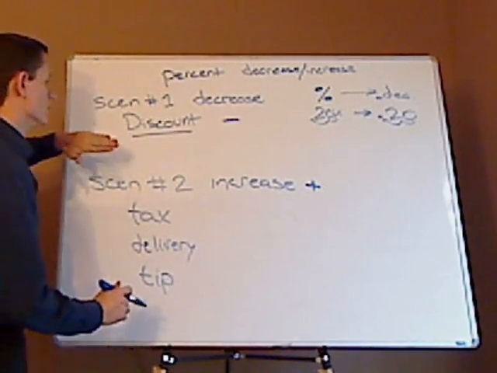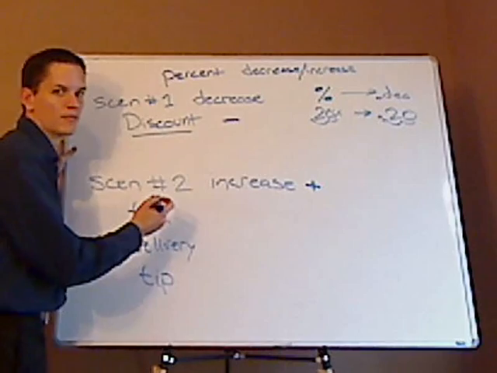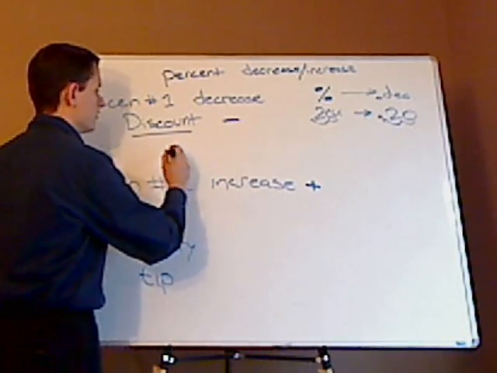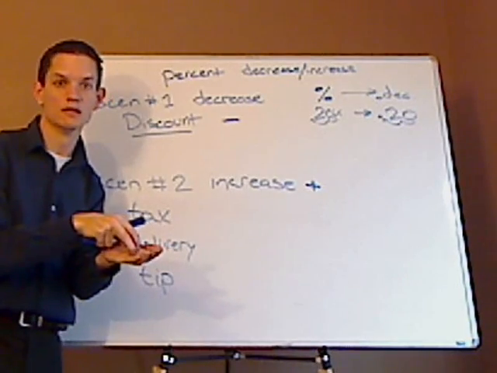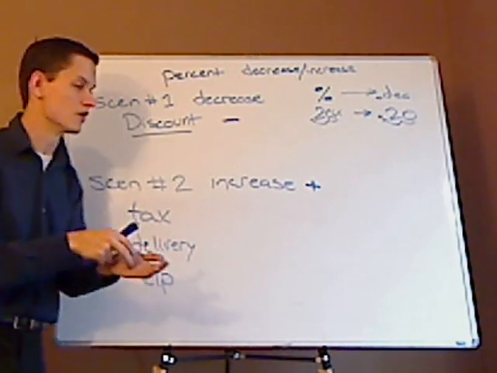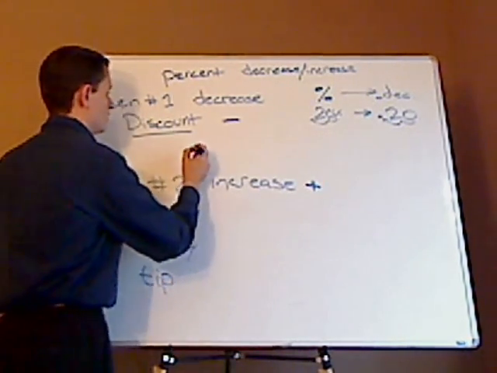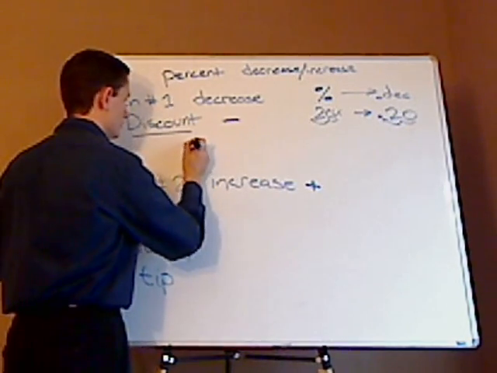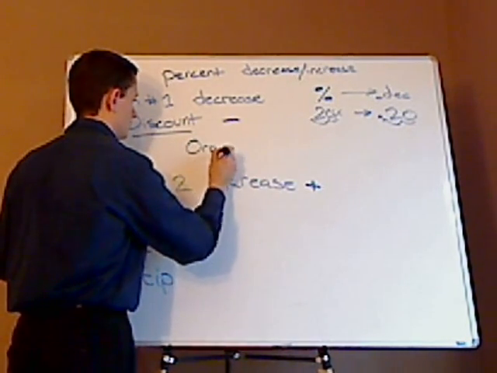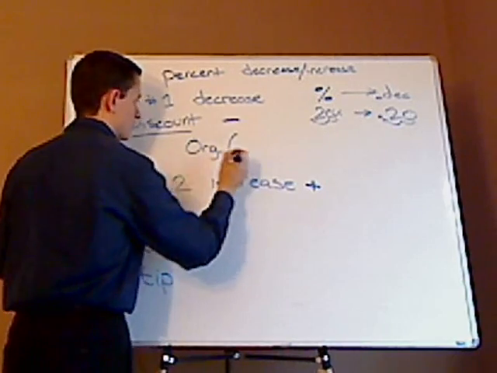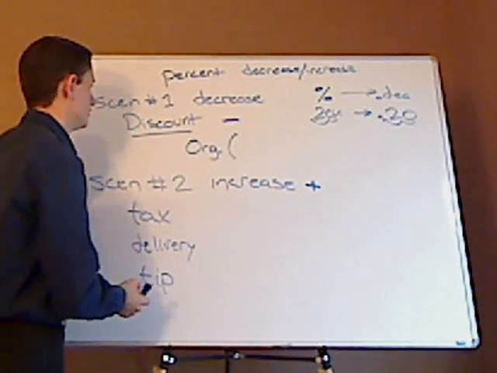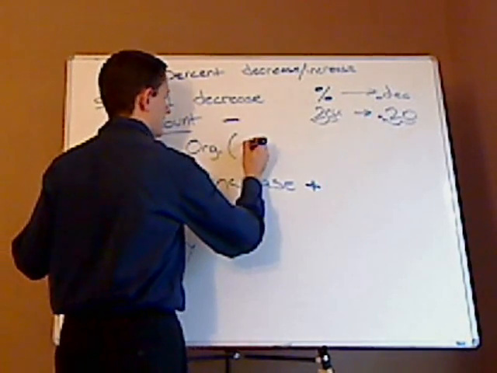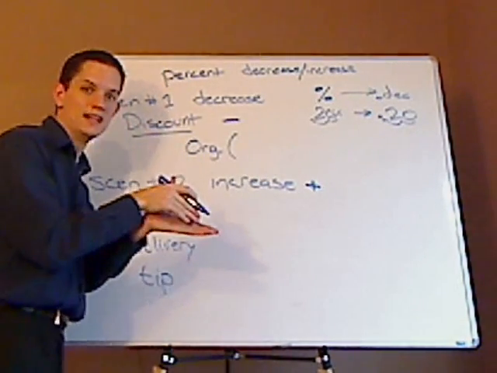Now, with the discount, it's going to set up this way. And always set it up this way, and then, okay, what does the problem give me? And what is it looking for? Because you're going to have the original, and that's a decrease, and it's a percentage decrease, right?